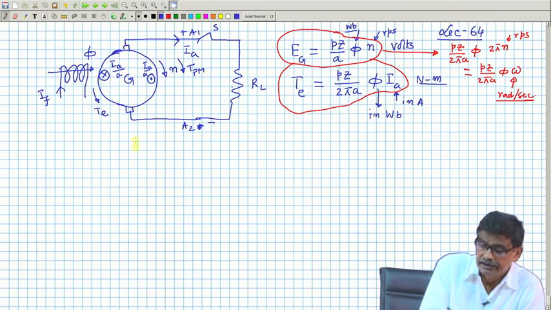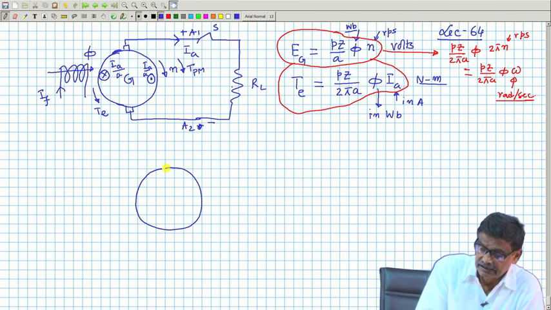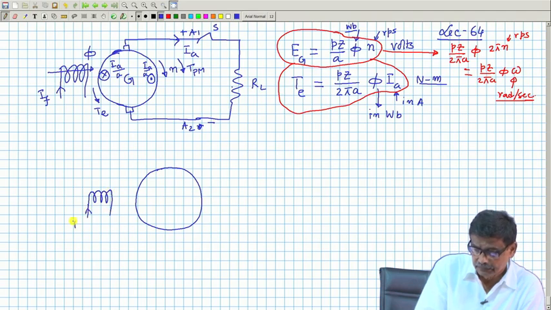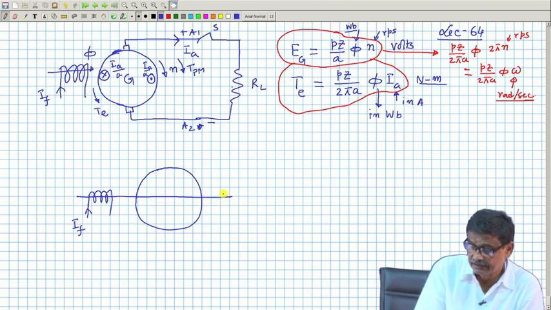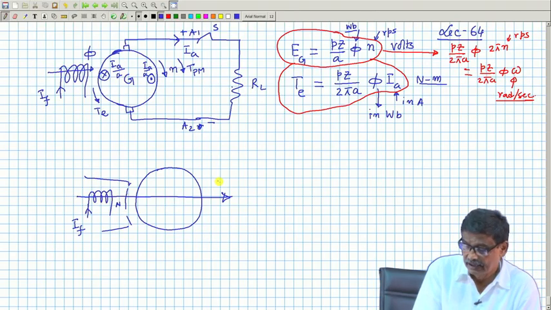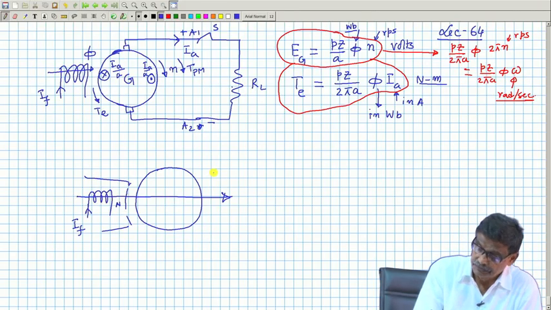Suppose I redraw the same thing. This is the armature rotor and this is the stator field. Suppose when you pass current, it produces field lines like this, that is, this side is north, and this side there is a south pole.